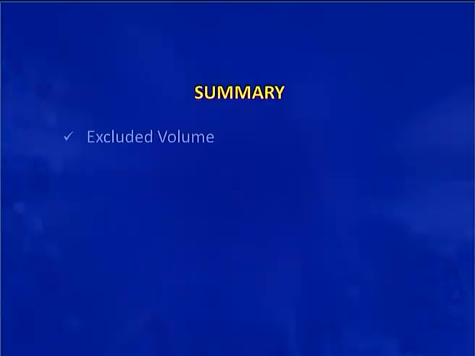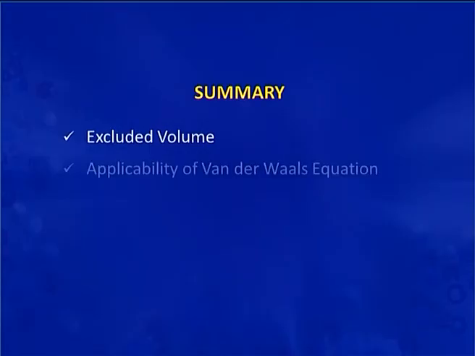So, what we have done in this lecture: we derived that the excluded volume is 4 times the actual volume, that is b is equal to 4 Vm. Then we checked the validity or applicability of the van der Waals constants.